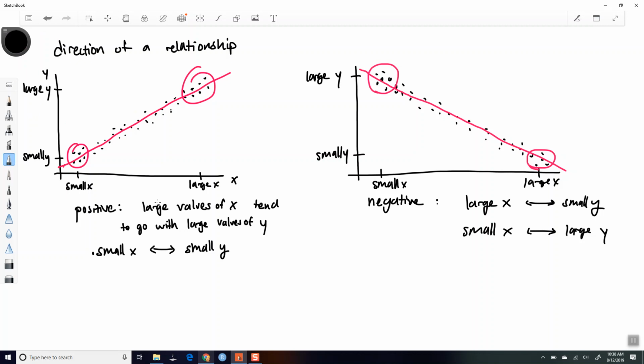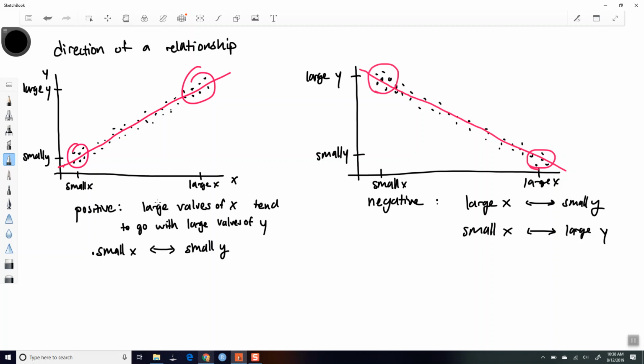Maybe just silently sit there and think of a data set where you have two numeric variables. Think of two variables that have a positive relationship, and try to think of two variables that have a negative relationship, maybe for a different data set.